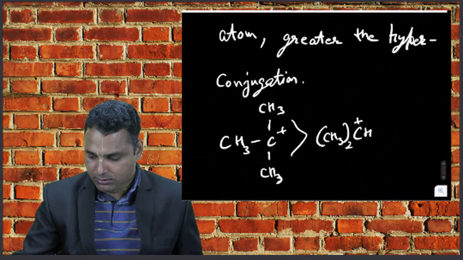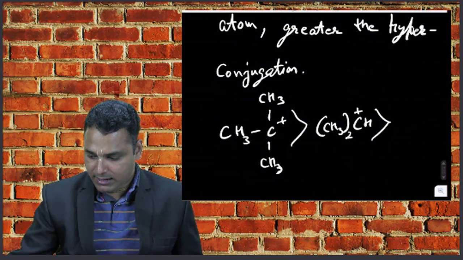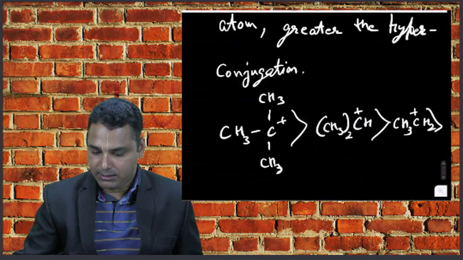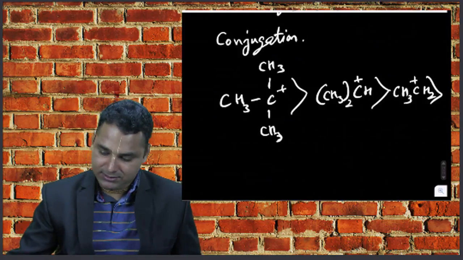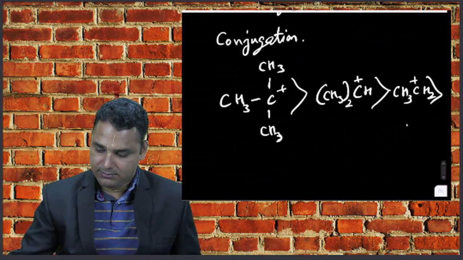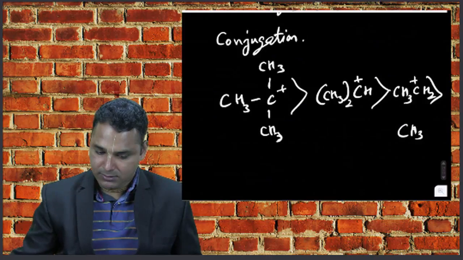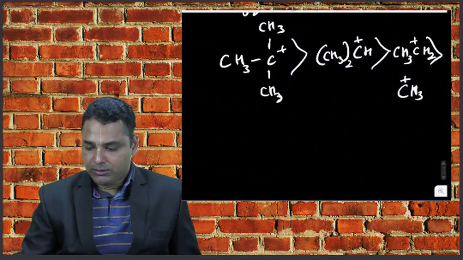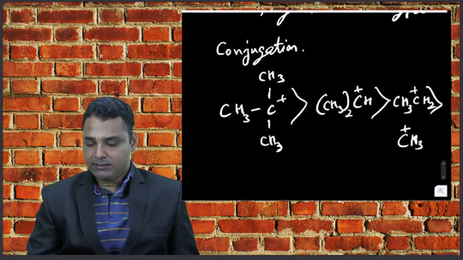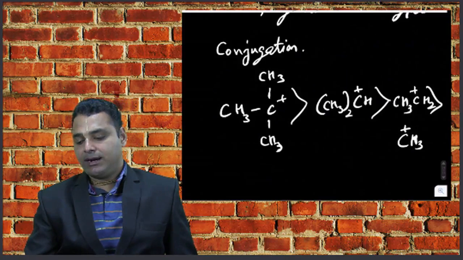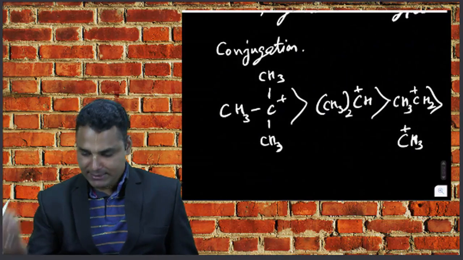It is more stable than the single alkyl group attached, and more stable than no alkyl group attached. So we have seen the stability of carbocations: the more alkyl groups attached to the carbocation, the more the stability.